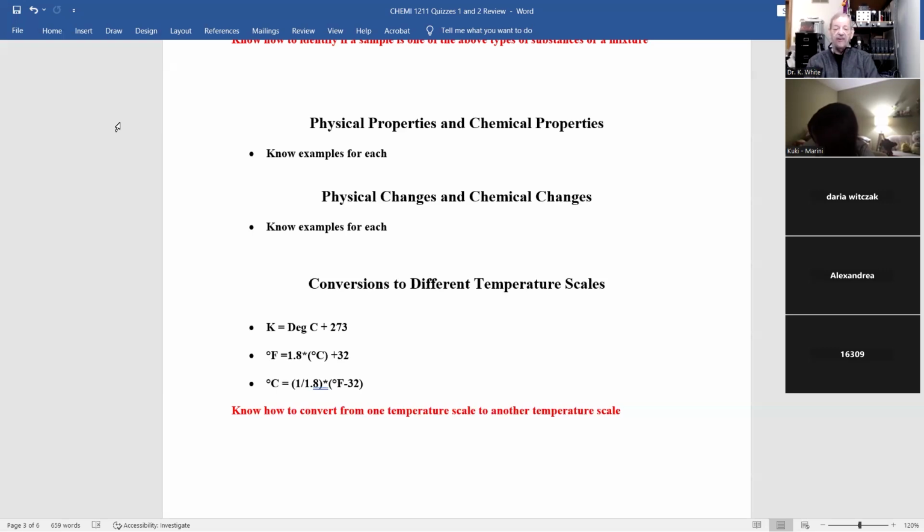Another place chemical changes happen, now Dr. White's going to get very personal, is in your stomach. When you eat food, your stomach and your intestine break it down by chemical changes.